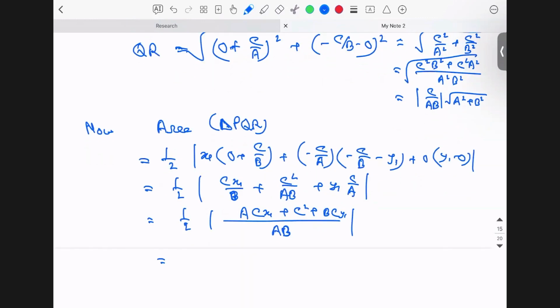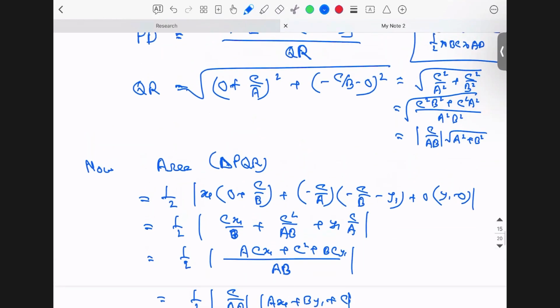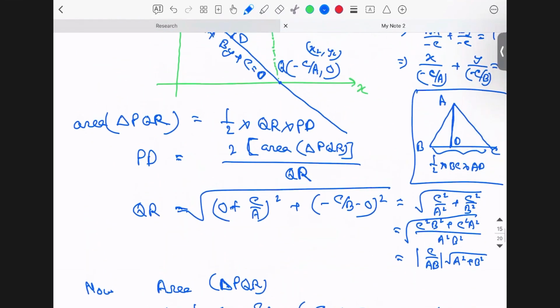If I take common, what will I get? Half modulus of C by AB, mod of Ax1 plus By1 plus C. So this is the area of this triangle.